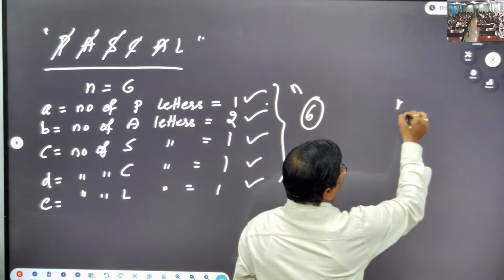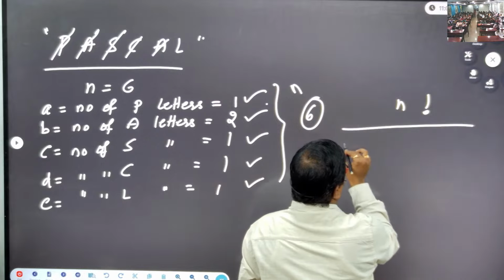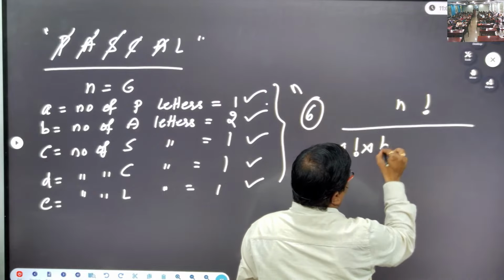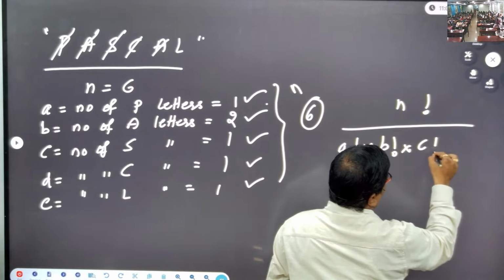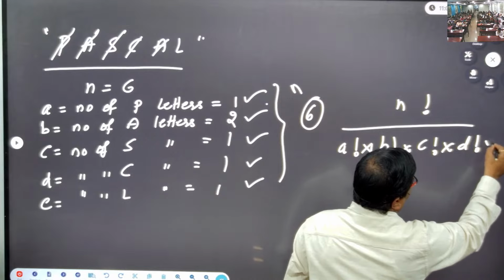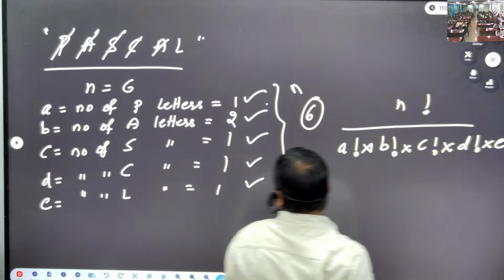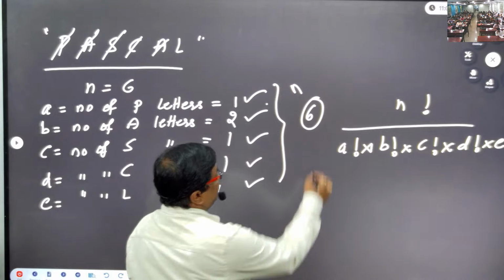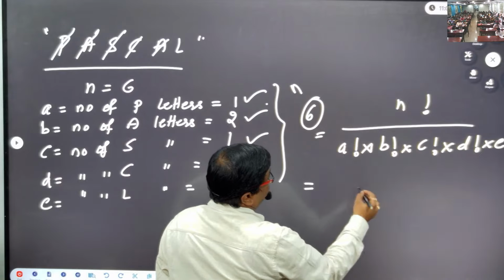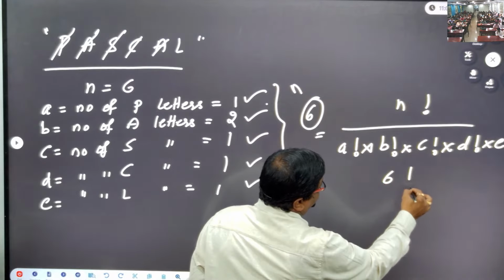N factorial by A factorial into B factorial into C factorial into D factorial into E factorial. Up to E only we are having, right? So what is the N value? 6.